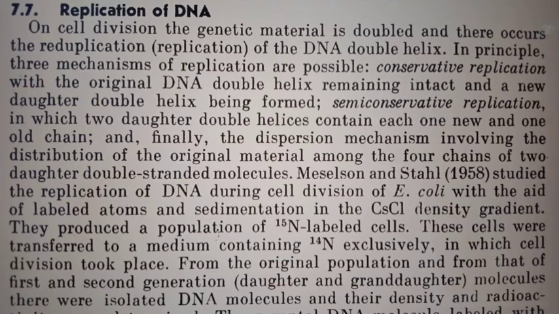These cells were transferred to a medium containing N14 exclusively, in which cell division took place. From the original population and from the first and second generation, DNA molecules were isolated and their density and radioactivity were determined.